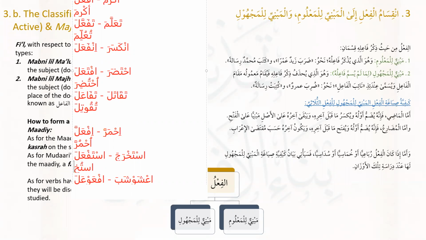استخرج. We don't determine the حركة of the همزة الوصل before we derive the فعل. Now we look at the second letter after همزة الوصل, and we see it is a ضمة. So now we put a ضمة on همزة الوصل. استخرج.